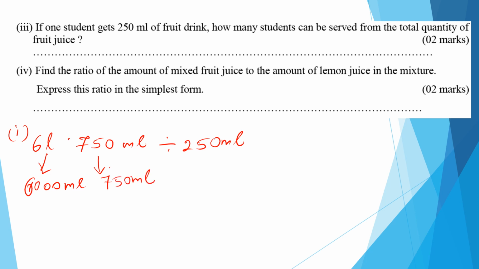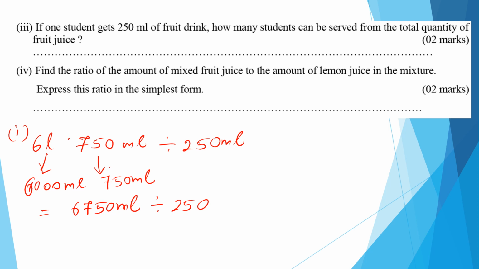So we'll take all these in milliliters. 6000 plus 750 is equal to 6750 milliliters. Then we have to divide this by 250.